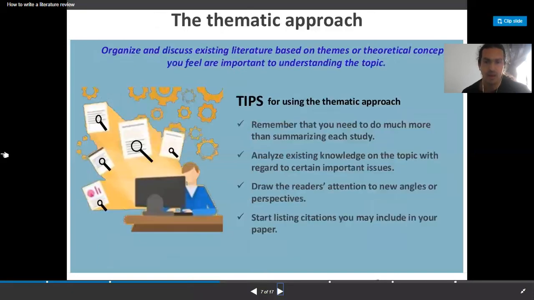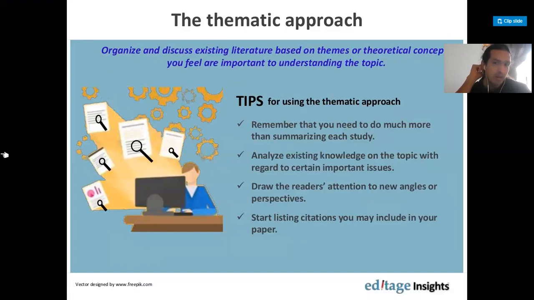Okay. Now, for the thematic part, you're going to create a summary. For example, you're going to summarize one of the studies. You create the summary, but you're also going to interact with the author in order to see which are the vital contributions from their study to your study.